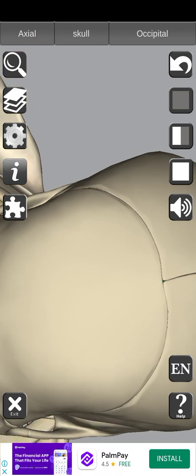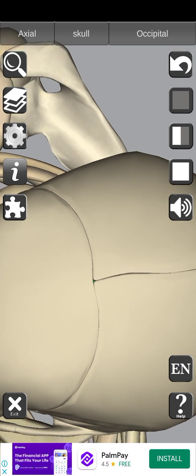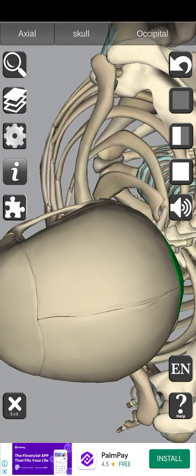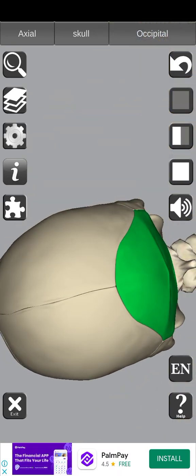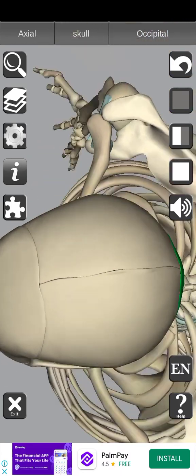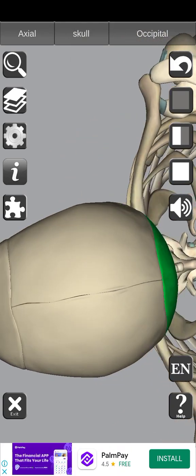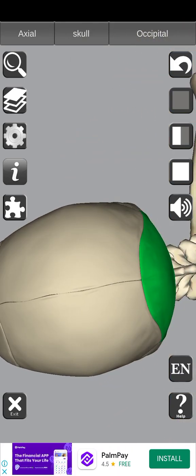Thus it is called the frontal parietal suture. And the sagittal line here, from the frontal, is in between the two parietal bones, and thus it is called the interparietal suture.